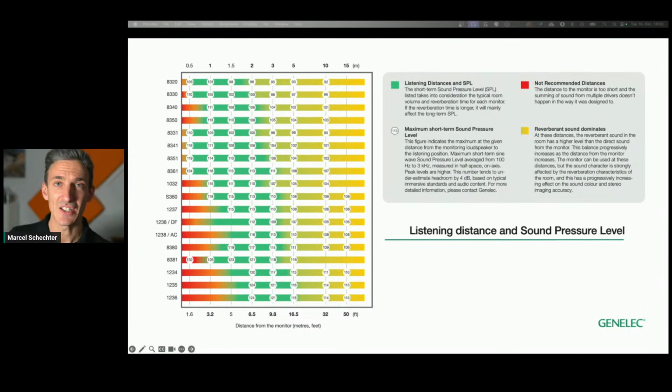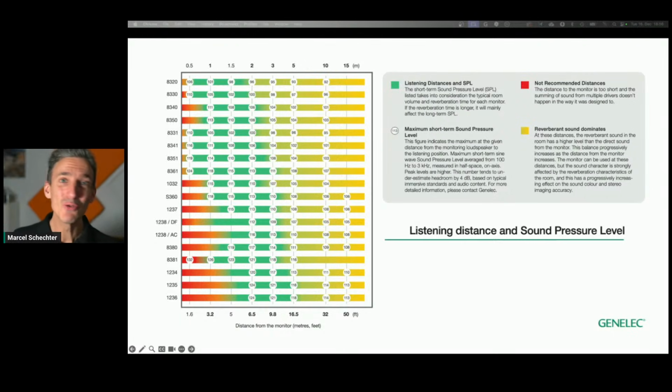If a speaker is large and the drivers are at different positions, if you are too close to the speaker, then these drivers do not sum up correctly. So it might happen that you, for example, just get too much from the tweeter compared to the mid-range or to the woofer. And this is the reason why with larger speakers like 1236, 1235, you should not sit half a meter or even 1 meter away.